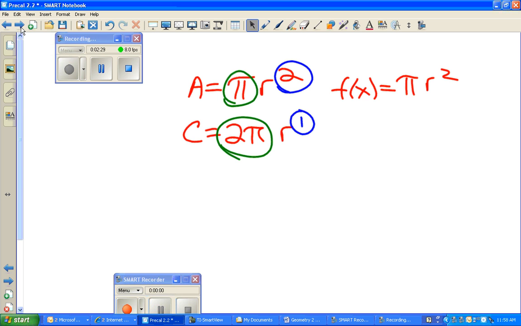A more complicated one would be something we're going to be talking about in physics. The force due to gravity can be expressed as k over d squared. And in this case, it's not obvious, but I mean k to be the constant of variation.